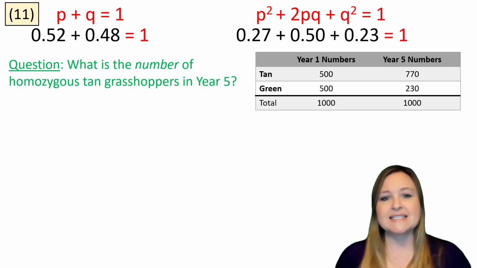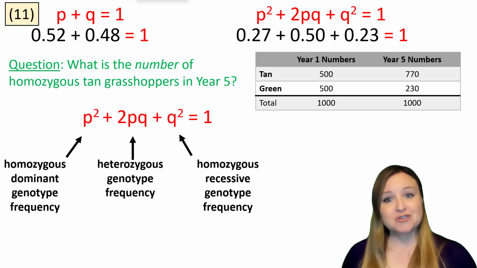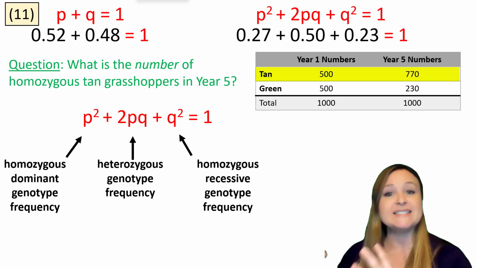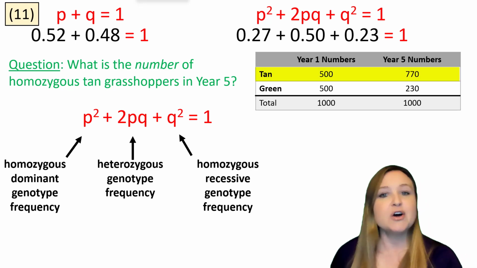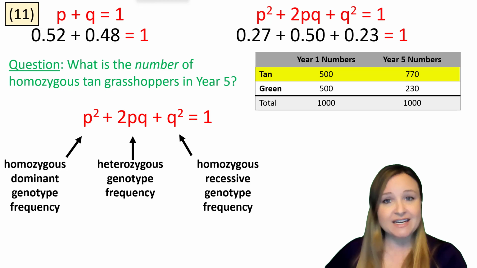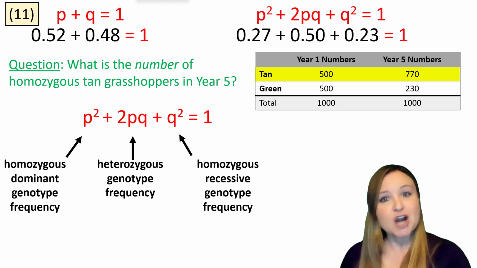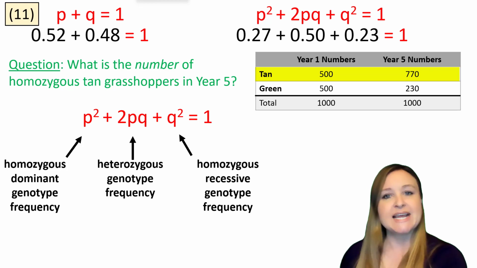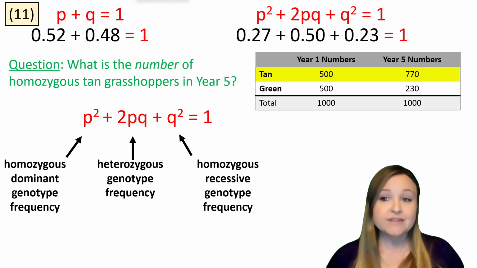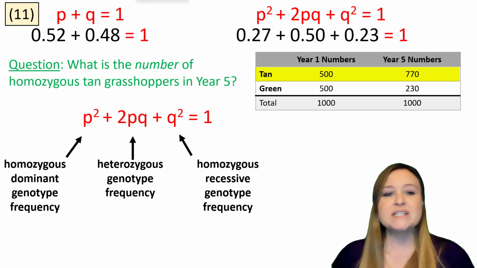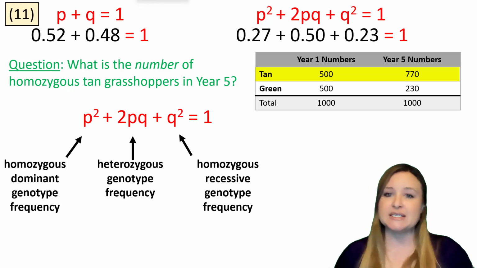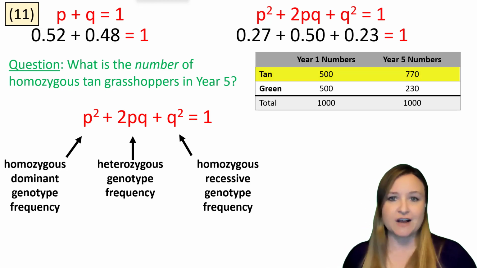We know that at year 5, there are 770 tan grasshoppers, but within that 770, there are some that are homozygous dominant, big T, and some that are heterozygous, big T, little t. This question is asking, of that 770, what's the number of homozygous big T grasshoppers at year 5?